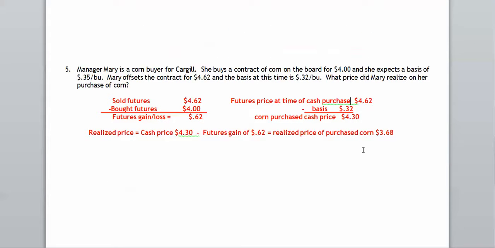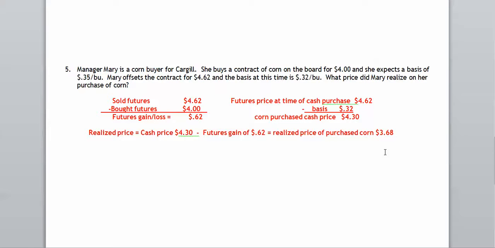So that's how to complete the long hedge. Hopefully all this made sense to you. Again, instead of selling initially like on a short hedge, in the long hedge our initial transaction is going to be buying a futures contract. We're later going to sell that futures contract back.